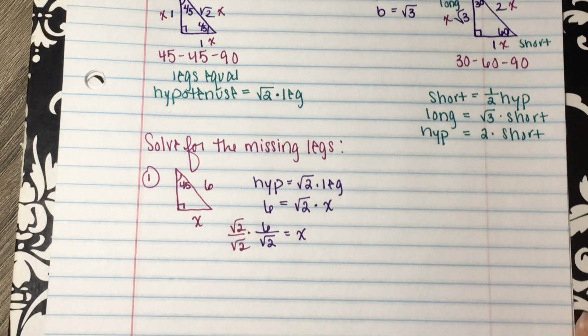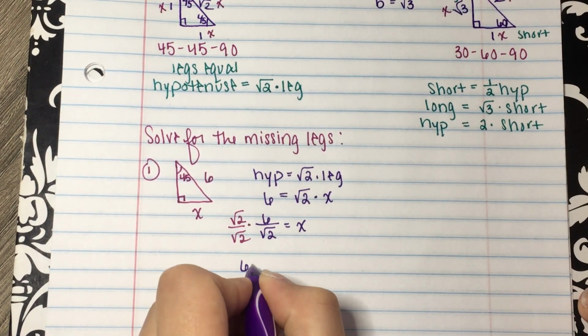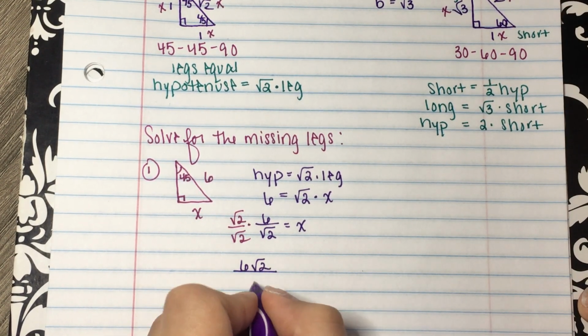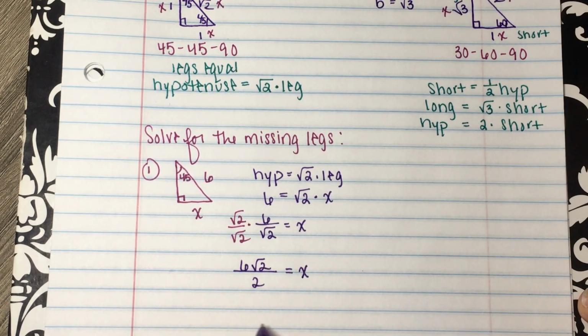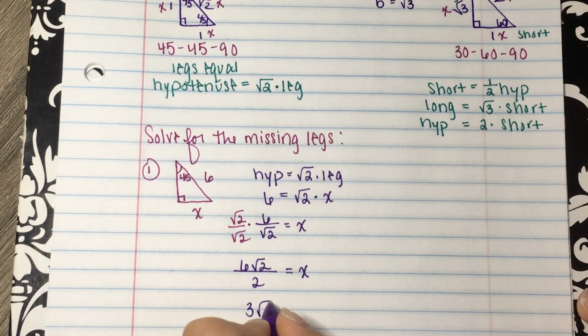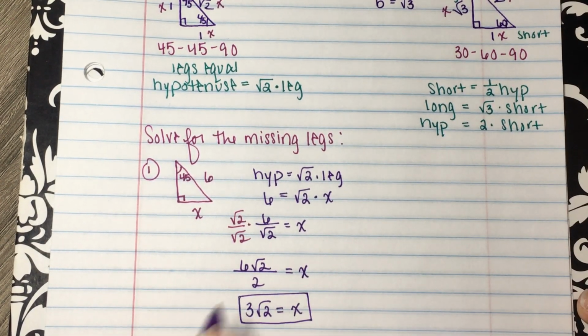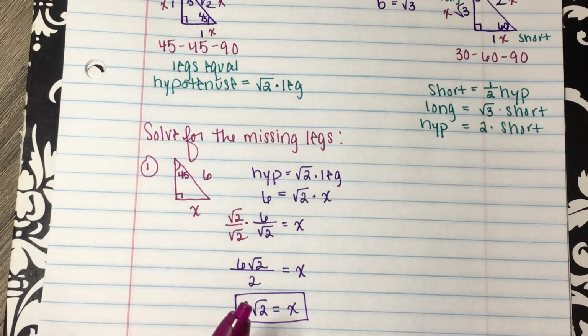It is not simplified if you have a radical in the denominator. Now I can multiply across. I got 6 square root of 2 all over, and square root of 2 times square root of 2 is just 2. Then I can simplify even further because 6 over 2 is 3. And that's going to be our final answer there, solving for that missing leg. All right, there's number 1. I wish I could fit number 2 on the same page, but I can't. So hopefully you have this down, and then we're moving on.